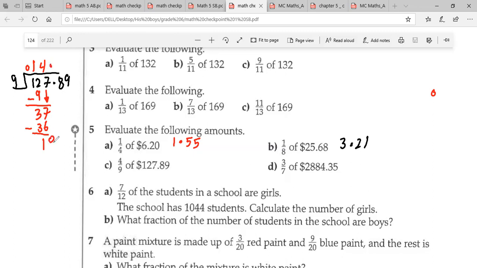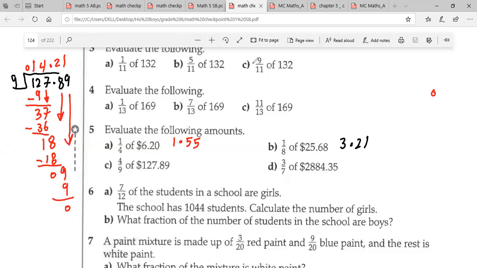Then put the 8. 18 divided by 9 equals 2. Then 2 multiplied by 9 equals 18, which leaves 0. Then we drop the 9. 9 divided by 9 equals 1. So the answer is 14.21.